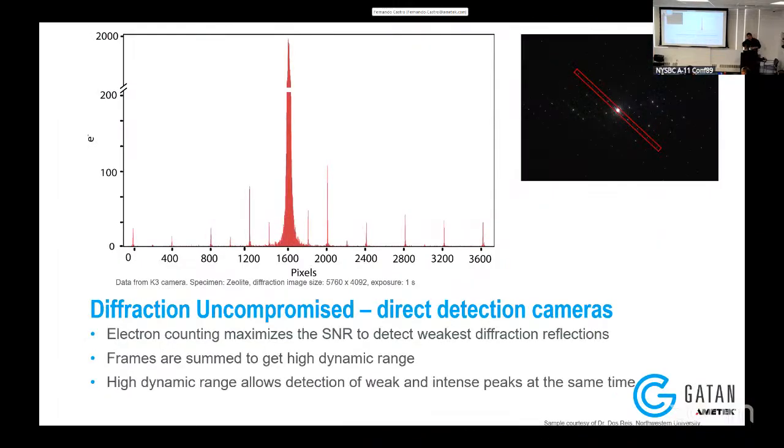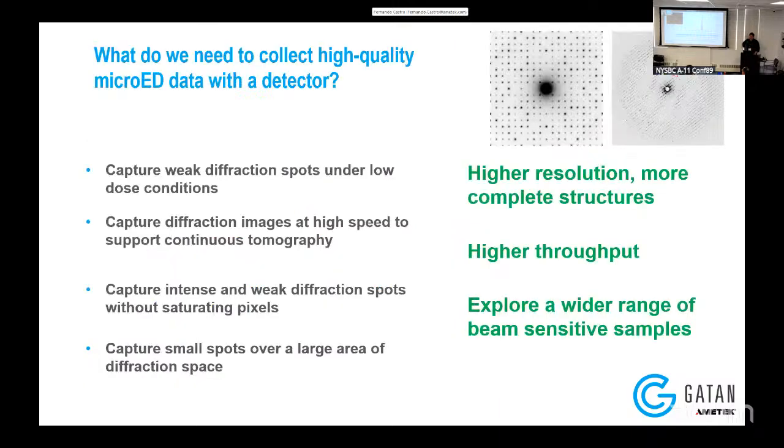And as we talk about other aspects I mentioned, we need high signal to noise, we need a high dynamic range. This is showing an example of what dynamic range is possible. We can look at, for example, the transmitted beam that has a huge amount of counts compared to many of the small diffraction spots that only have less than 10 counts in this line profile here.